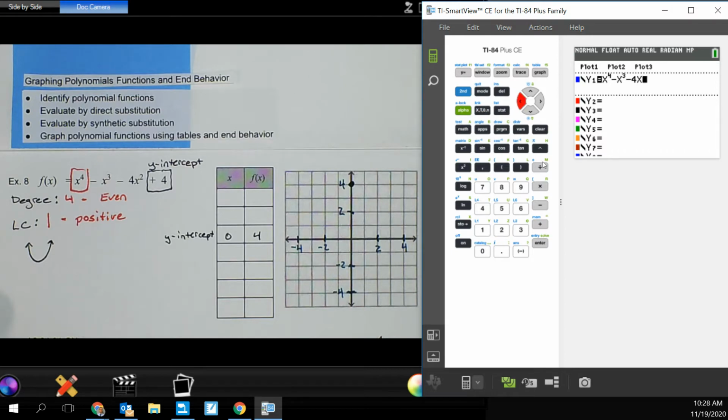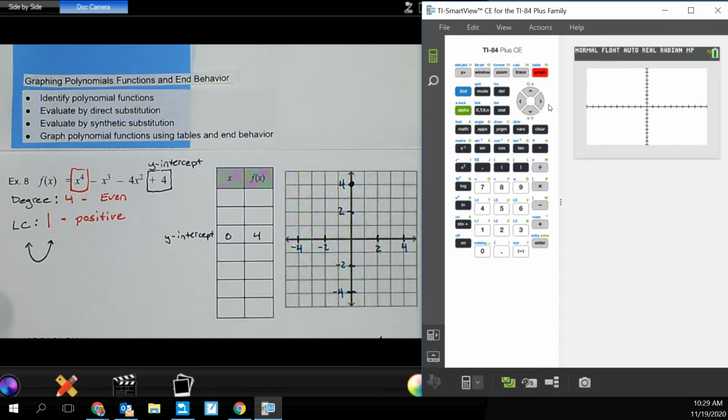Oh, it's got to be squared. And then we have plus 4. So then we have the function written in as x to the fourth minus x to the third minus 4x squared plus 4. And then we can graph it.